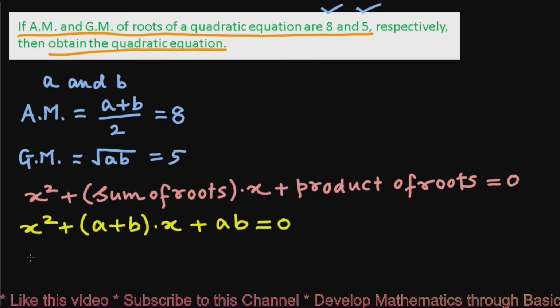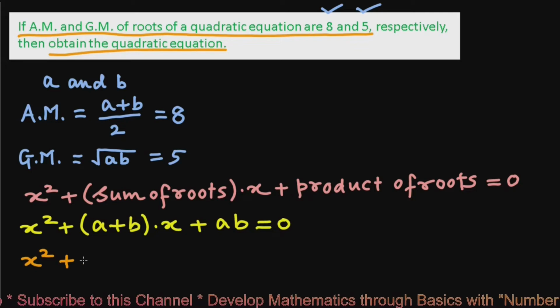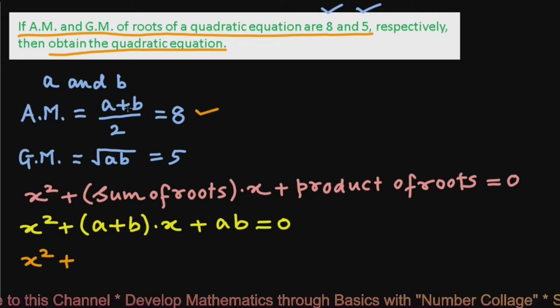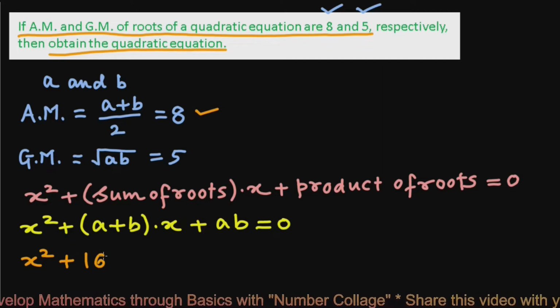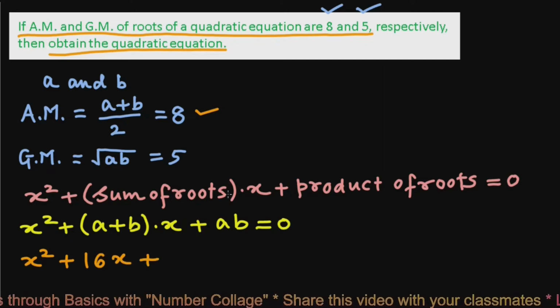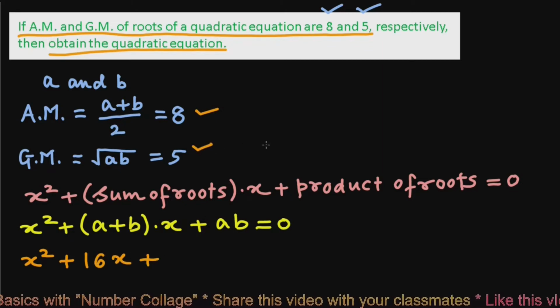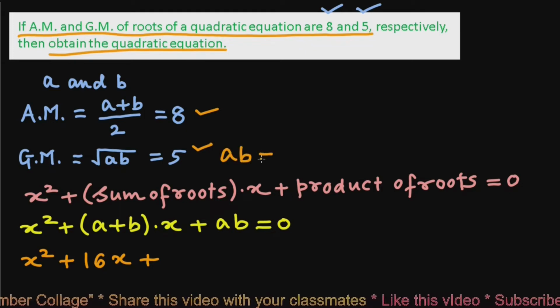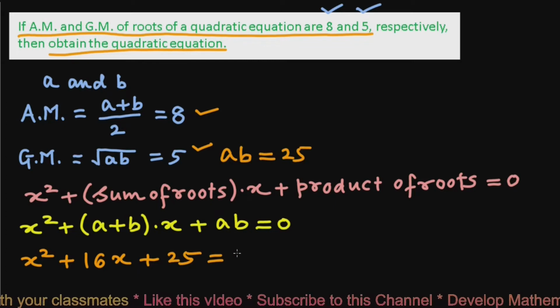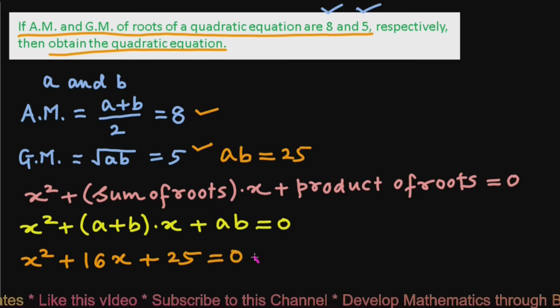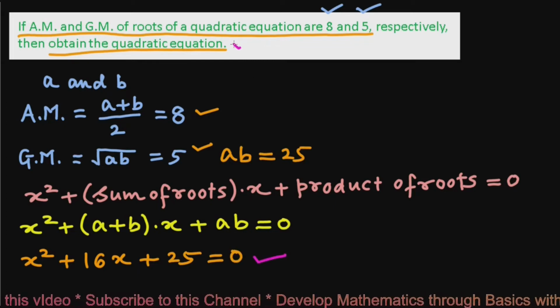So the quadratic equation will be x square plus, from this we get a plus b equals 2 times 8, that is 16, into x, plus from this equation by squaring we get ab equals 25. So it will be plus 25 equals 0, and this is the required quadratic equation.